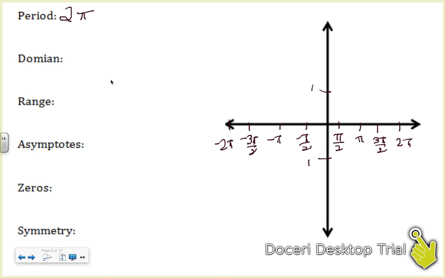Actually, let's put our asymptotes in first. So our asymptotes for secant were at pi over 2.